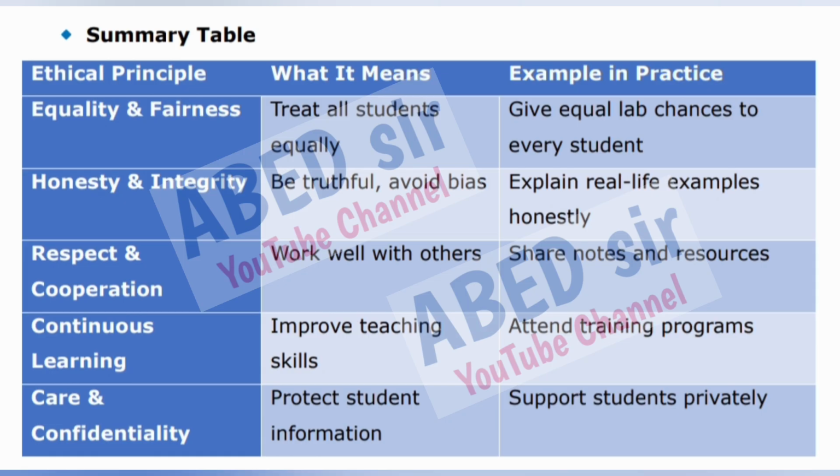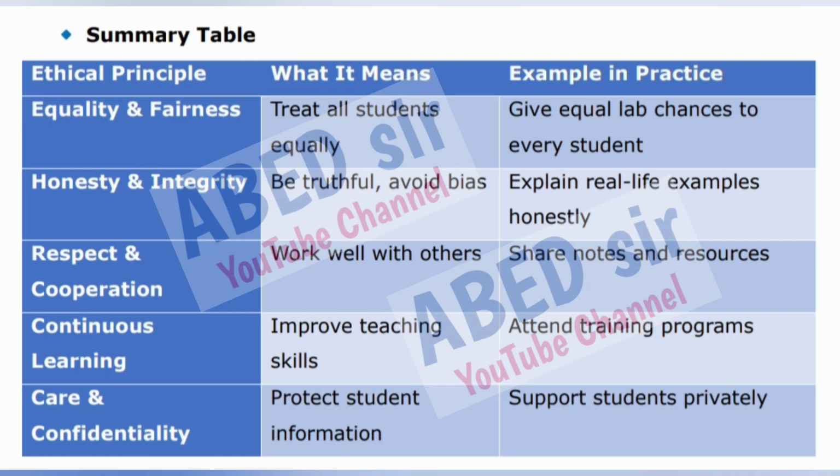Summary table. Ethical principle, what it means, example in practice. Equality and fairness: treat all students equally, give equal lab chances to every student. Honesty and integrity: be truthful, avoid bias, explain real-life examples honestly. Respect and cooperation: work well with others, share notes and resources.